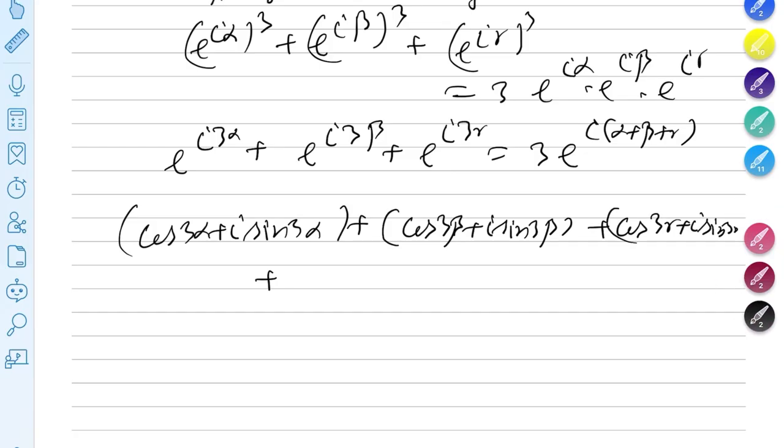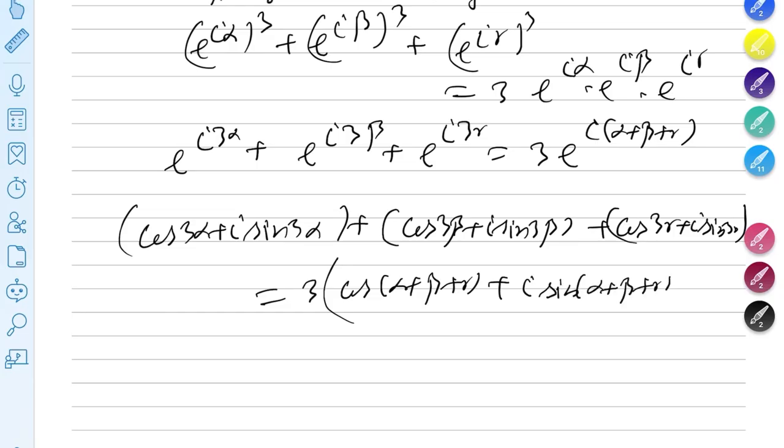This is equal to 3 times cos of alpha plus beta plus gamma plus I sine of alpha plus beta plus gamma.